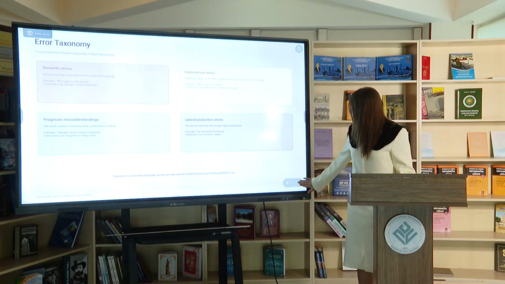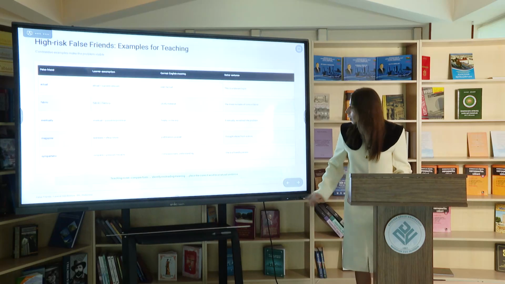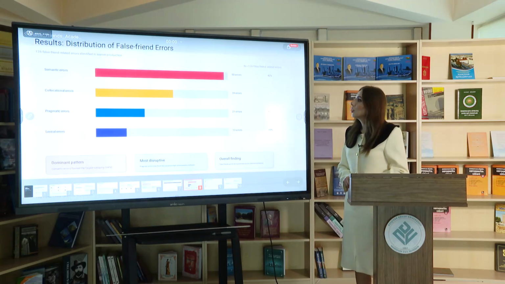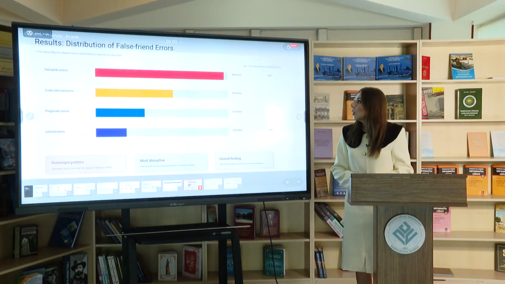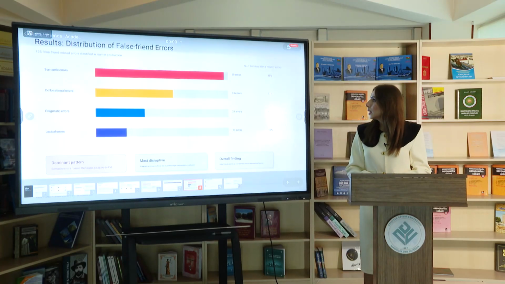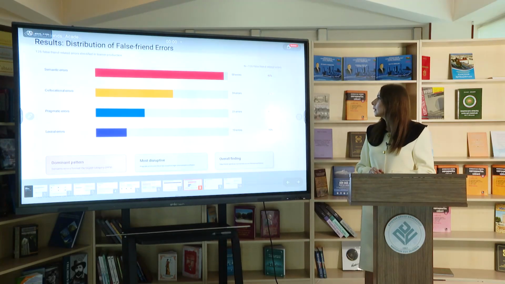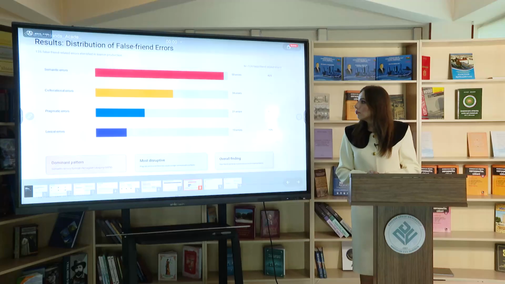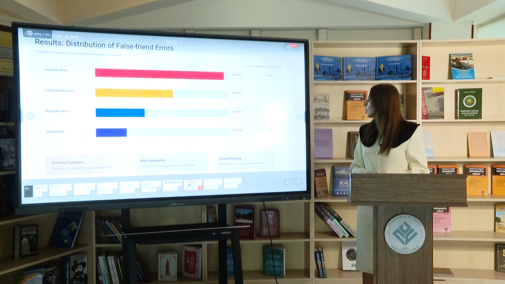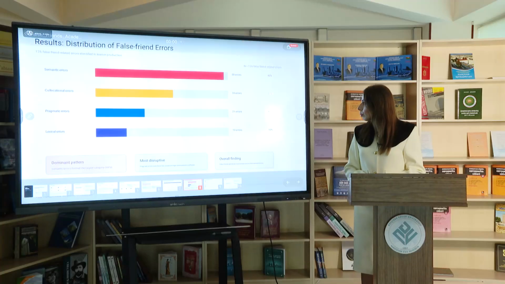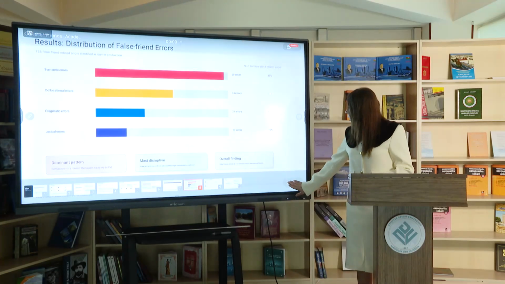Here we see students' mistakes. They made a lot of mistakes in semantic errors. These mistakes are 46%, collocational errors 27%, pragmatic errors 17%, and lexical errors 10%.